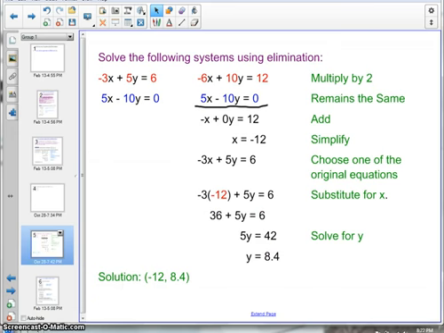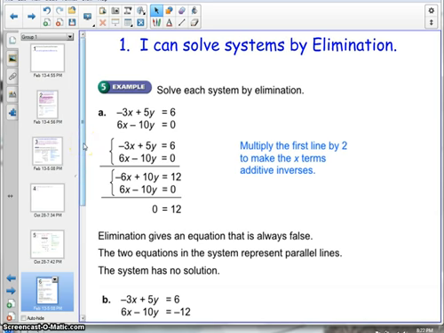So now that we have completed that example, we're going to look at some different cases that we may run into when we use the method of elimination.